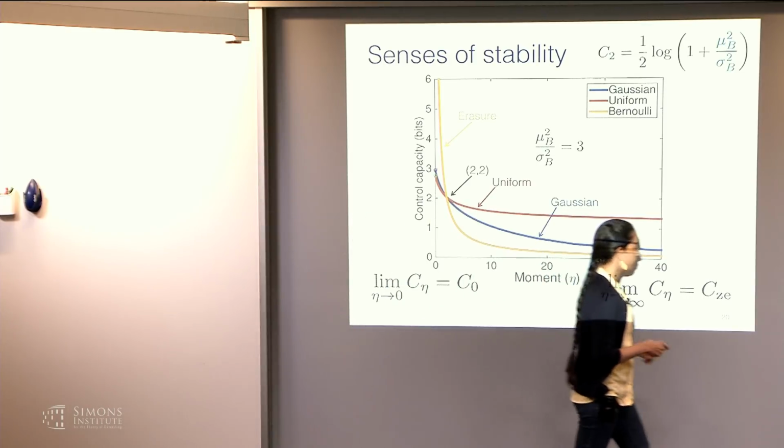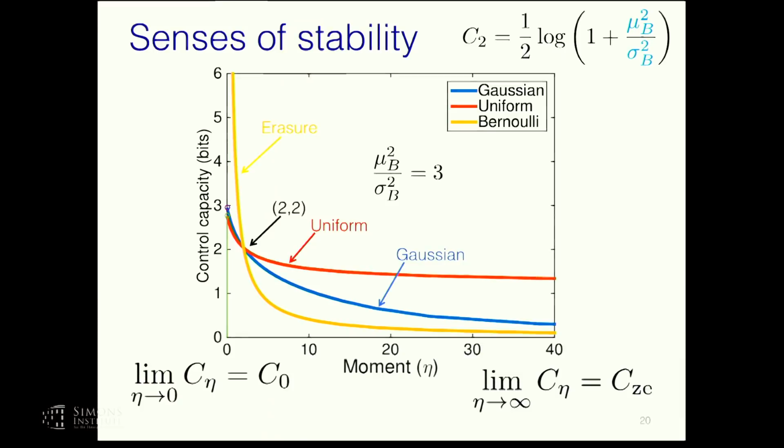And we can also define a notion of zero-error control capacity, which is what we think of in robust control, where we might have worst case noise. As eta goes to infinity, we end up in that extreme. This I'm plotting for a specific b, where this mu to sigma ratio is 3. But this will hold for any plot.